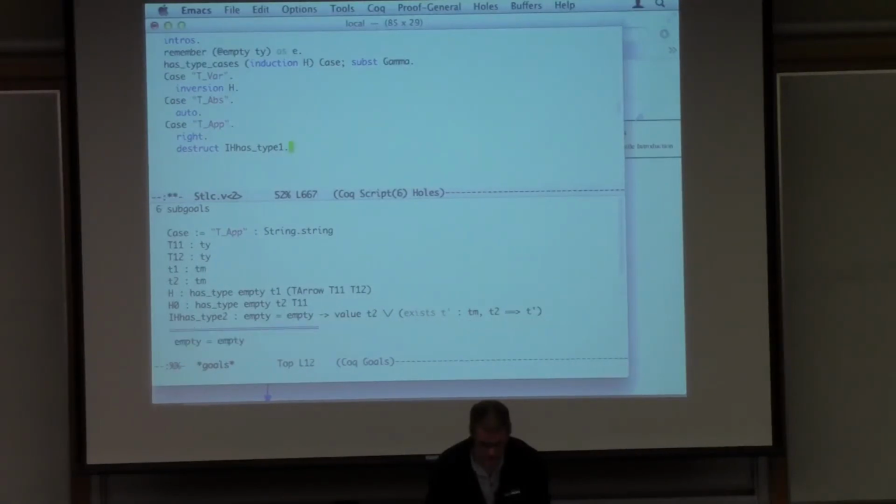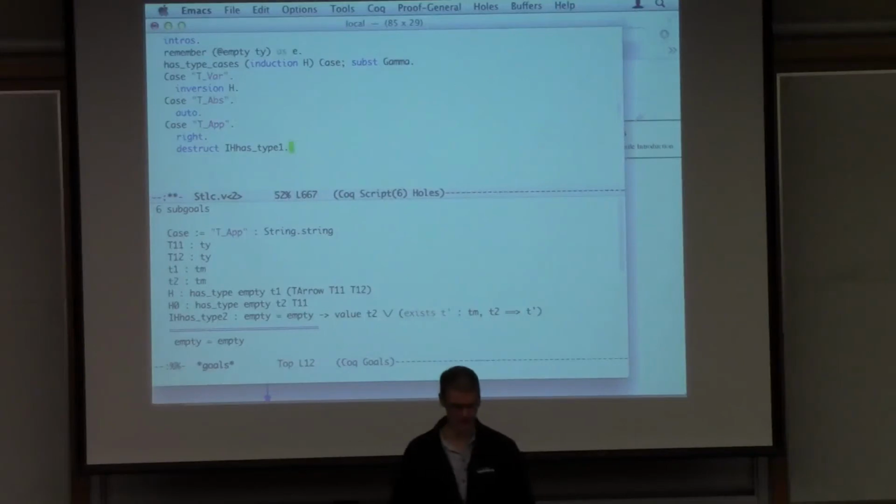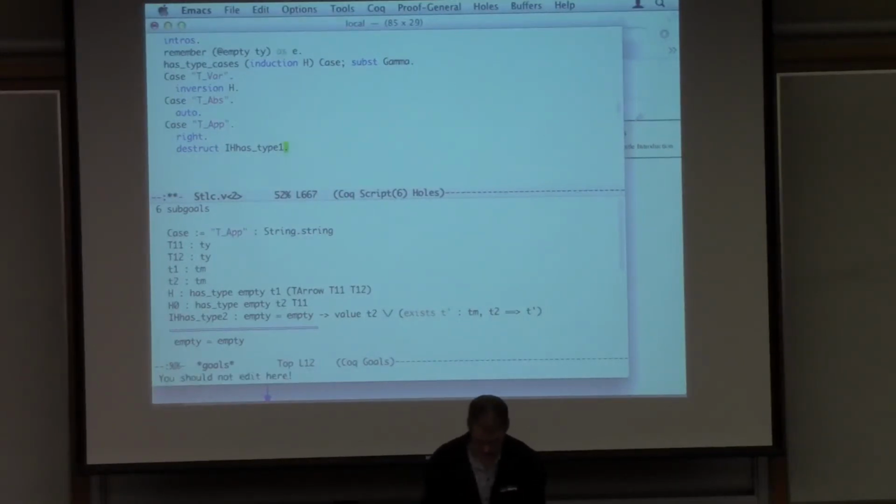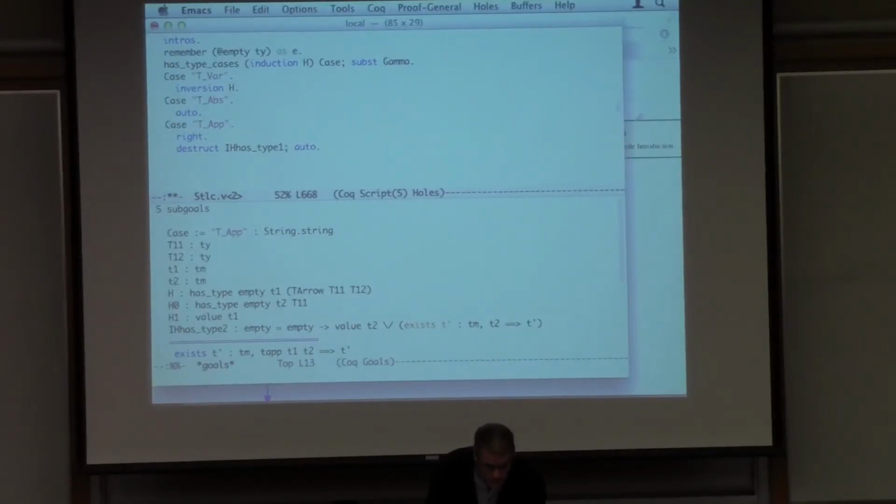and see what happens. Okay, so the first thing that happens is we get this trivial hypothesis that has to be discharged, and fortunately that one is, I think, easy for auto.